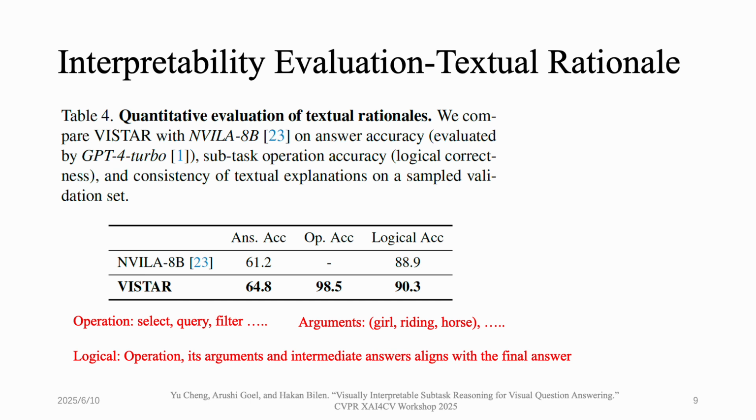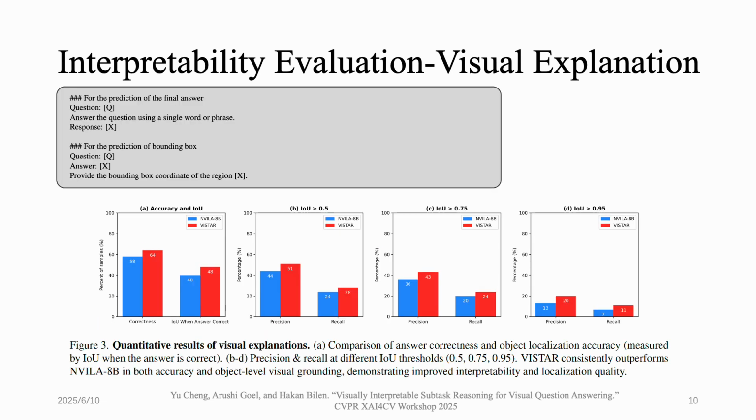And for logical accuracy, we measure whether the overall reasoning process logically supports the final answer, considering the operations and intermediate results. As shown in Table 4, it demonstrates that V-Star outperforms NVILA 8B on textual interpretability across all metrics.